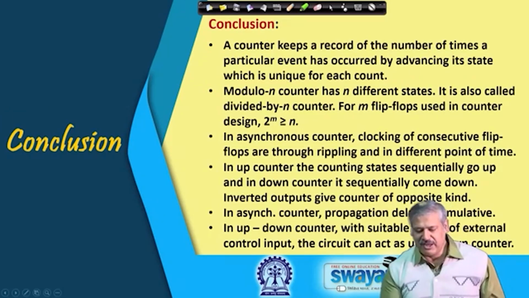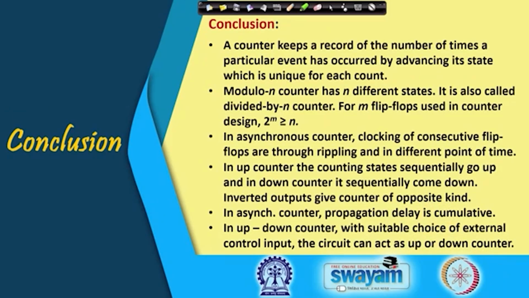So, to summarize, a counter keeps a record of the number of times a particular event has occurred by advancing its state, which is unique for each count. For a modulo n counter, n different states are there, and if m flip flops are there, then with those m flip flops we can go up to a modulo number of 2 to the power m.